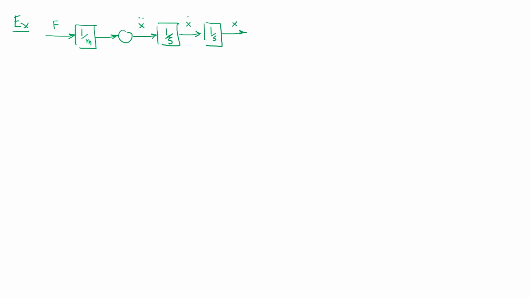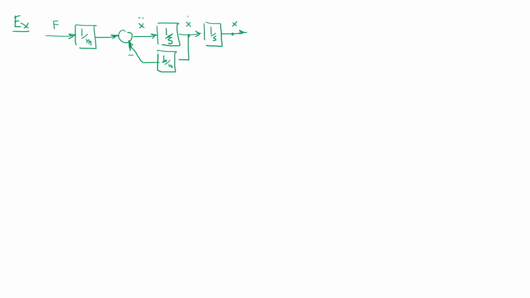Now with this realization that the velocity is then taken from here, multiplied with b over m, and provided with a negative sign to the summing junction, is going to be one of the contributing factors as the system's differential equation is structured.